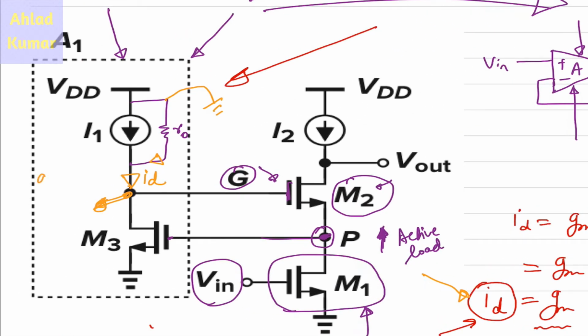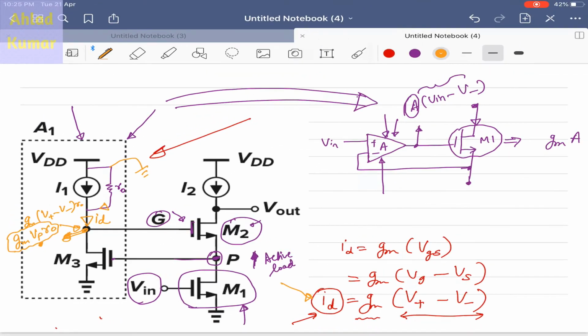It will be Gm times (V plus minus V minus) times RO. And what is V plus? V plus is Vp. So Gm times Vp, and V minus is 0, times RO. So this is the effective voltage generated at this node. This is equivalent to the voltage generated at this point, which is applied at the gate of M2. So now I hope you understand how this amplifier A is replaced by this amplifier M3. So this completes the understanding of this circuit.